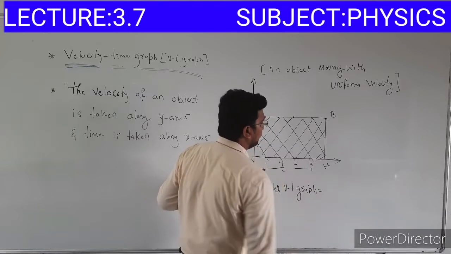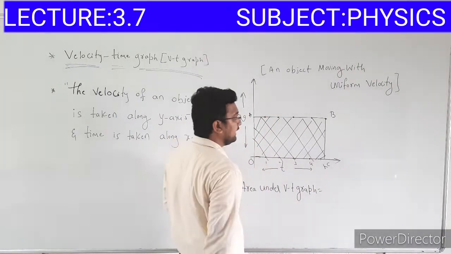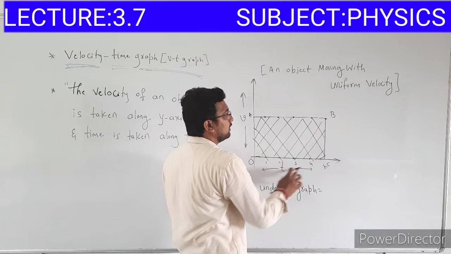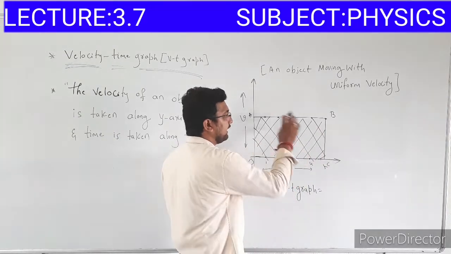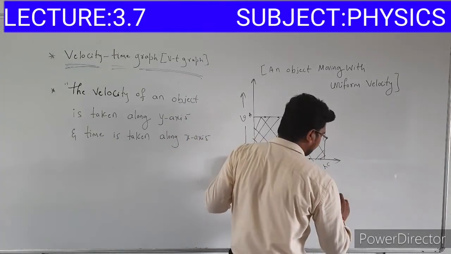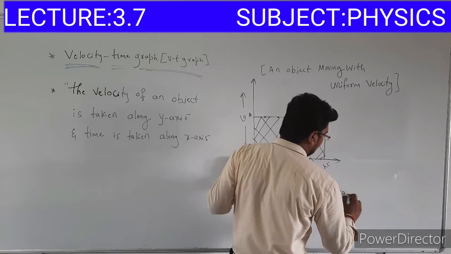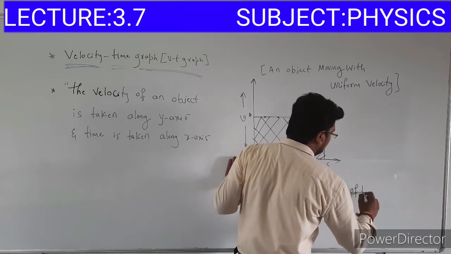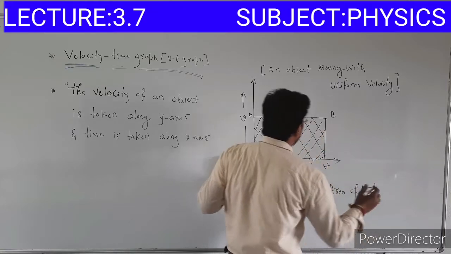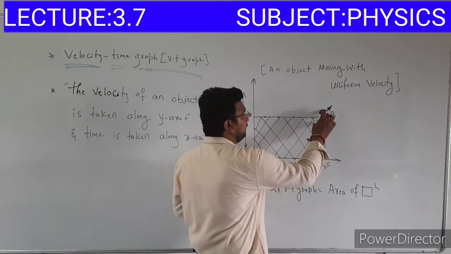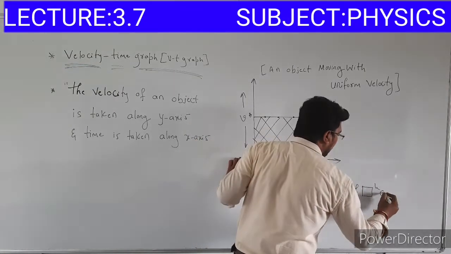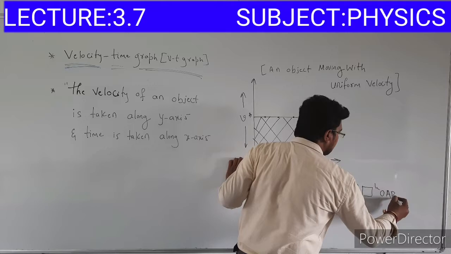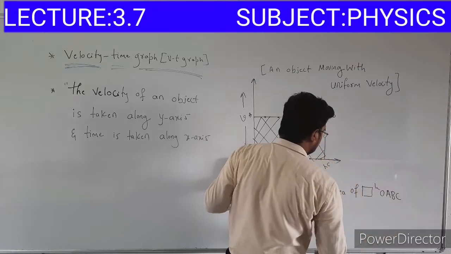The area under the VT graph looks like a rectangle, so it is the area of the rectangle OABC.